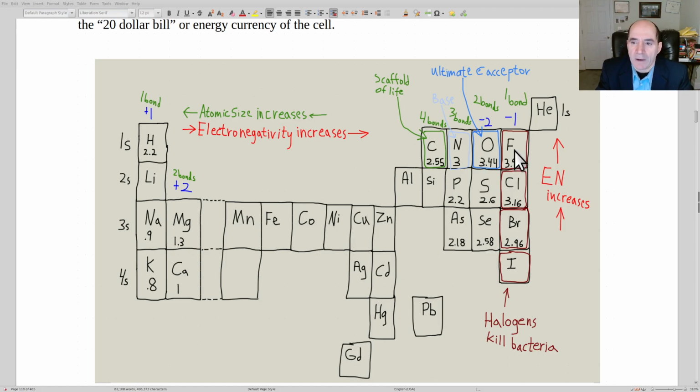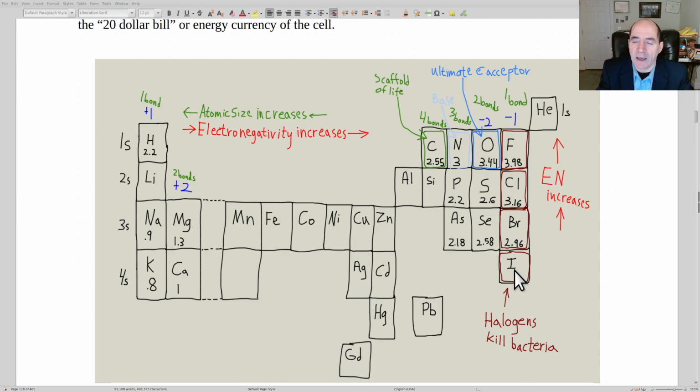Okay, one of the things you'll notice in this vertical column of elements in the periodic table is these are called halogens, and every single one of them is quite toxic to living things: F minus, Cl minus, bromine, iodine. Even though we do use some iodine to make our thyroid hormone, you can also use iodine for surgical prep.